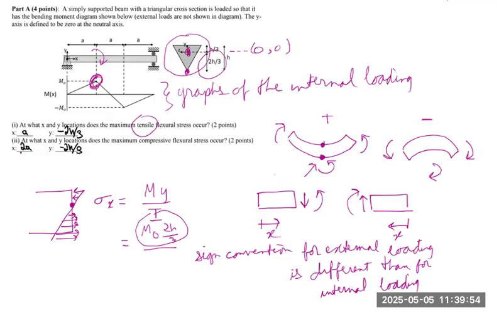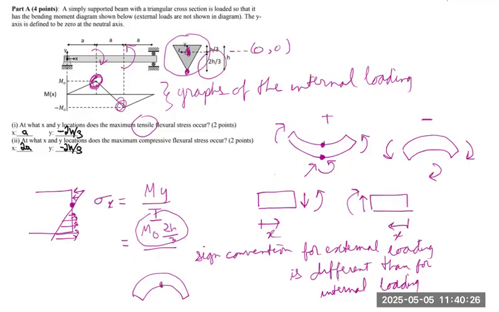And for part 2, where does the maximum compressive flexural stress occur? It will occur over here because over here the internal moment is clockwise while the external moment is counterclockwise. So since the internal moment at x equals 2a is clockwise, this means that the beam is bending like this.